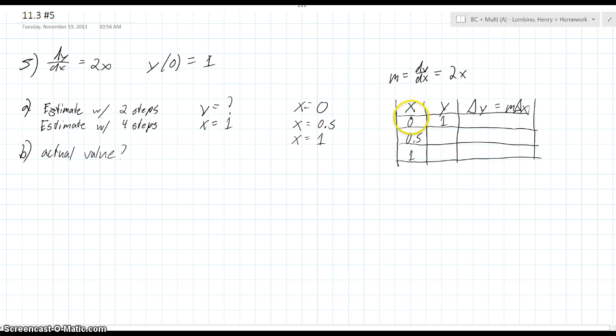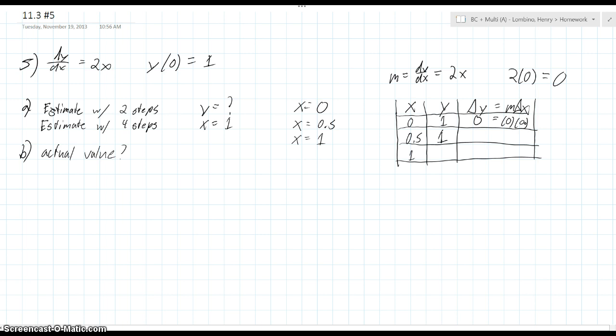Well, we have x equals 0, so we plug in 2 times 0, which equals 0. 0 times the change in x is again 0. So the change in y right here is just 0, so y doesn't do anything. We go to the next value, and y is still going to stay 1 right here.